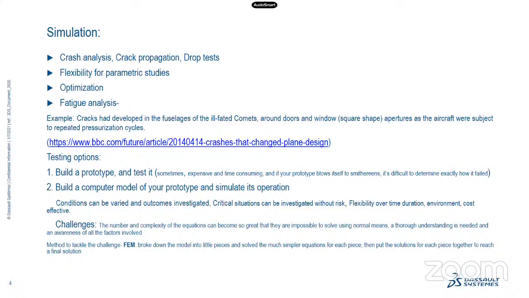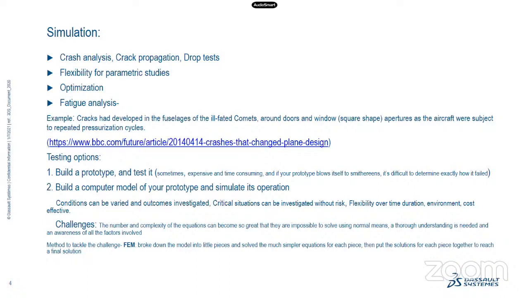What is the advantage? We have flexibility, the flexibility of parametric studies. With different numbers of parameters, we can do n number of tests. Optimization: we have tools like Tosca, especially for non-parametric type of optimization. For example, when we design a component based on the design requirement, we may not need that much material to maintain the strength.